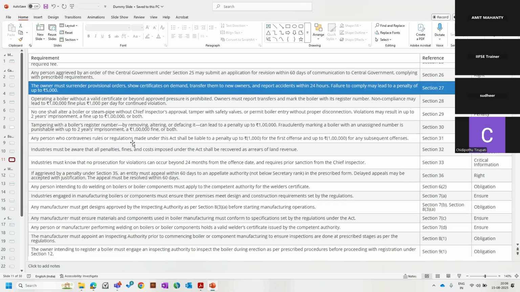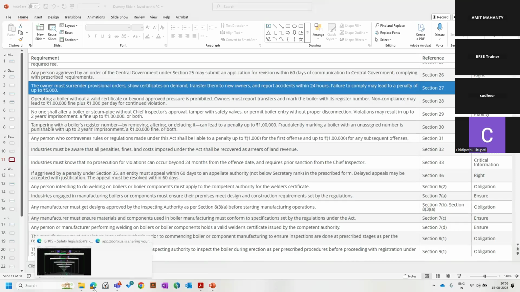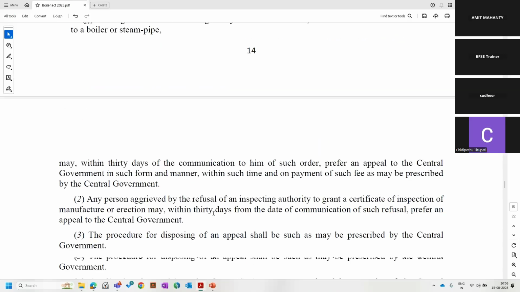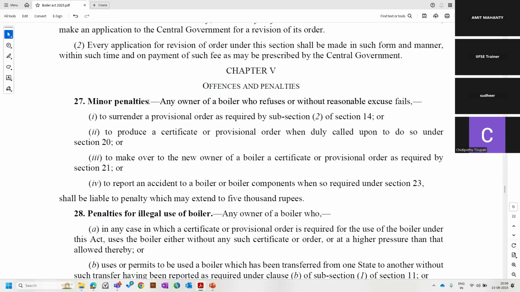The owner must surrender a provisional order, show certificates on demand, and transfer them to a new owner. Failure to comply or to report an accident within 24 hours may lead to a penalty of up to 5,000 rupees. Section 27. So minor penalties. How will you get penalties?